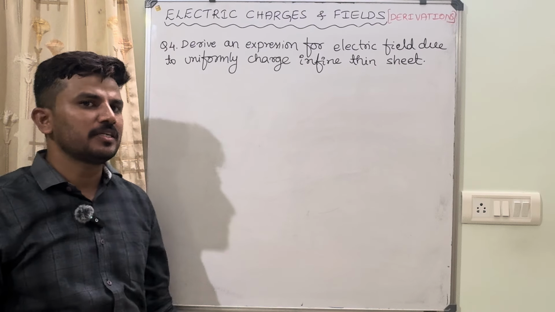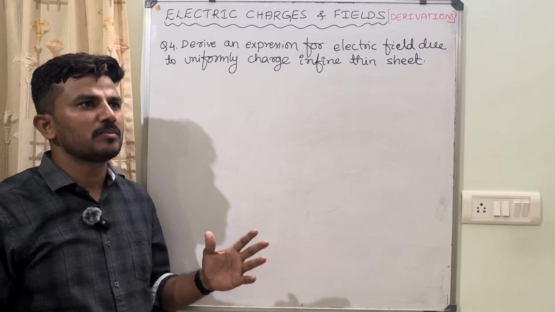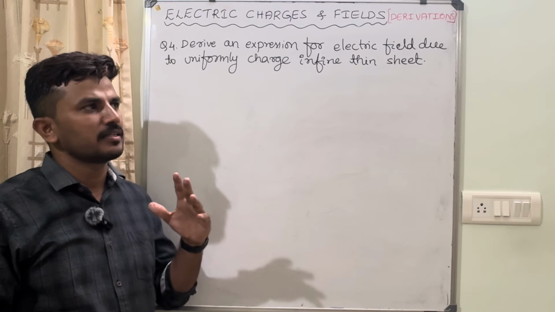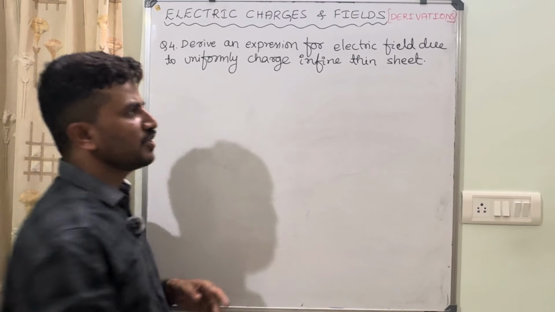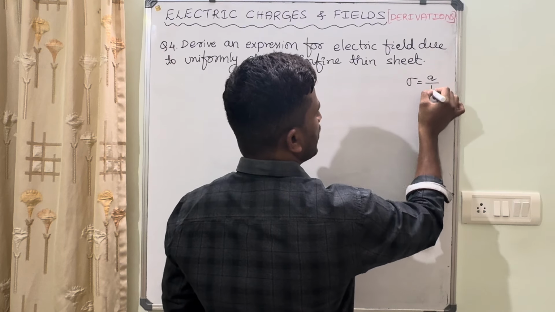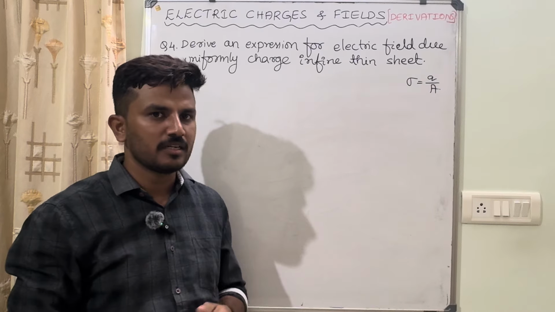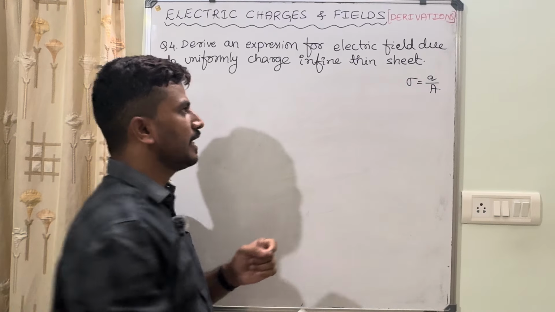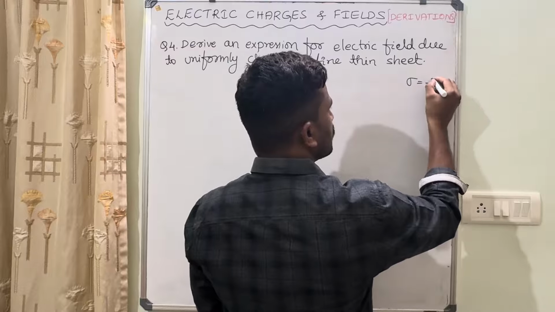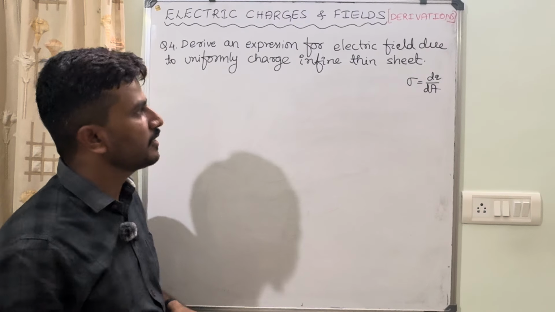So you can write this statement, then you can write some consideration like consider a uniformly charged infinite thin sheet with surface charge density sigma, which is equal to Q by A, total charge divided by total area, or dq by dA also you can write, surface charge density.